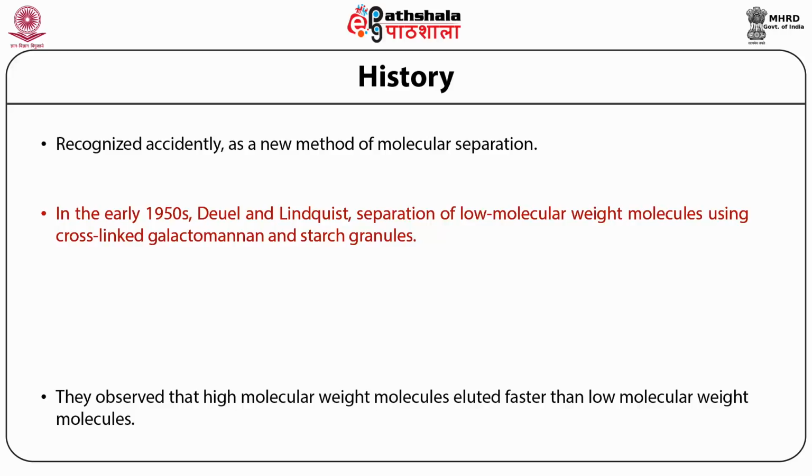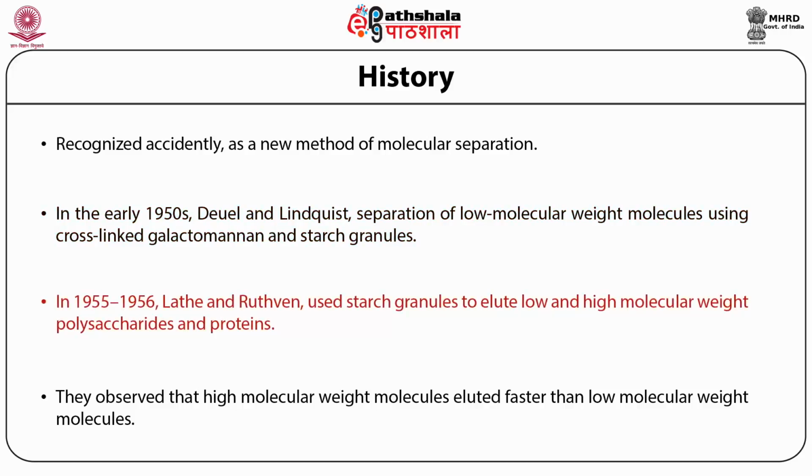Deuel and Lindqvist also reported similar results for the elution of low molecular weight molecules using cross-linked galactomannan and starch granules. Then in 1955-56, Lathe and Ruthven used columns packed with starch granules to study the elution profiles of low and high molecular weight polysaccharides and proteins.